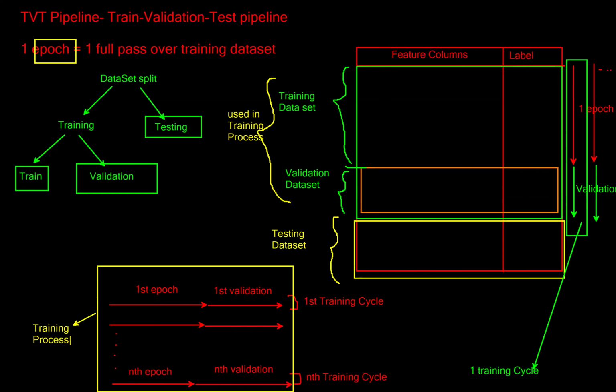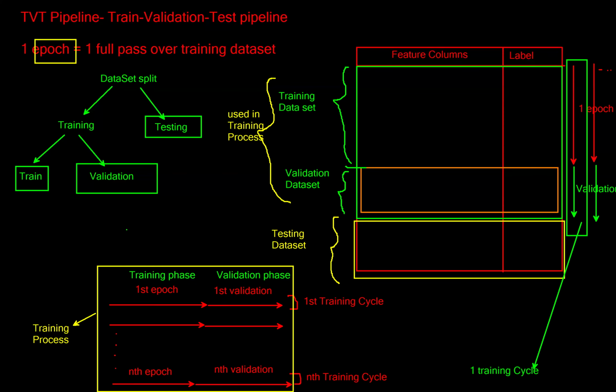Let me write one more thing here. The first epoch is the training process that is happening, right? Let me write this as the training phase. When we are talking about epoch, this is the training phase, and validation is the validation phase.